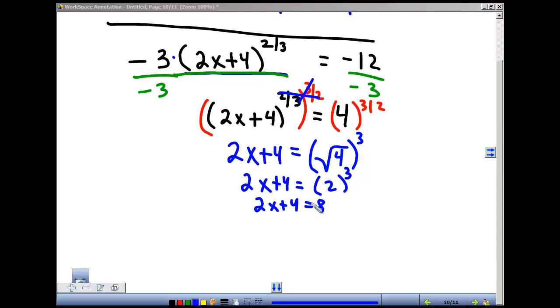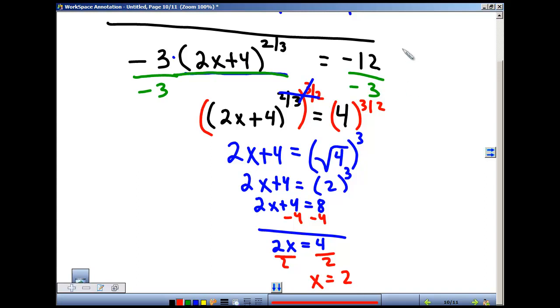Now I need to solve for this expression. Subtract 4 from both sides. 2x is equal to 4. Divide by 2. X is equal to 2.